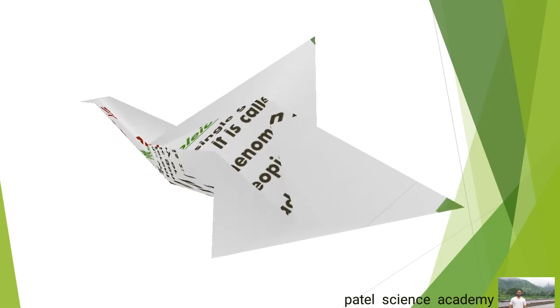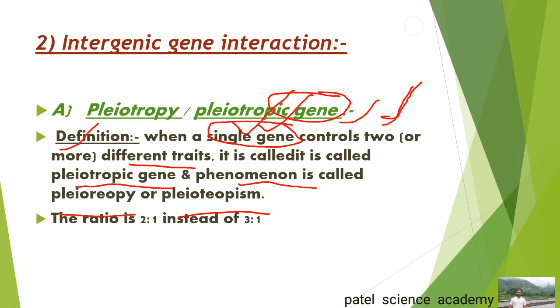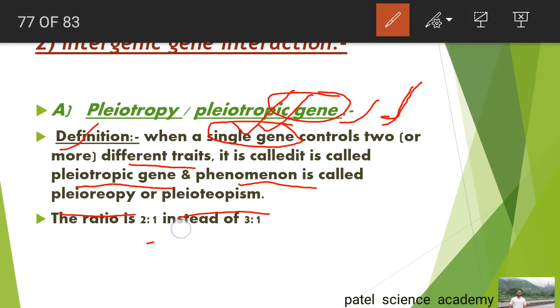Because in this pleiotropy one organism dies because of that condition. So that's why instead of 4 results we get 3 results only. So how these 3 results come, let's see.